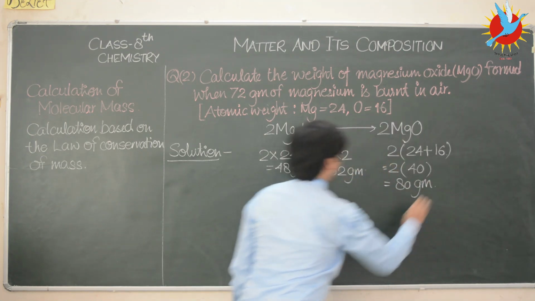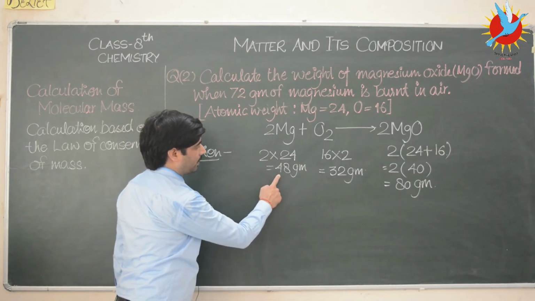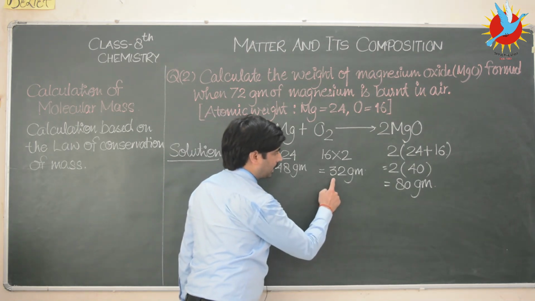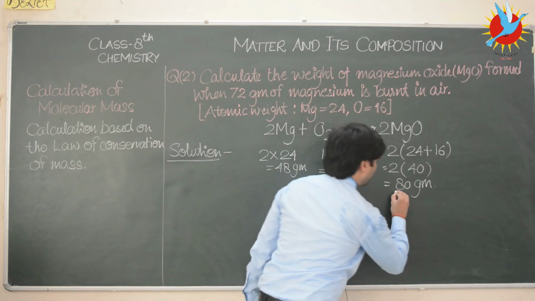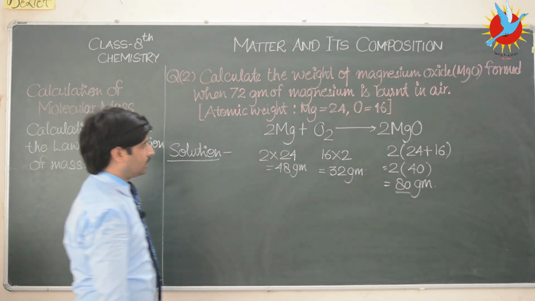So according to the balanced equation, we have an information 48 gram of magnesium after burning with 32 gram of oxygen will form 80 gram of magnesium oxide.